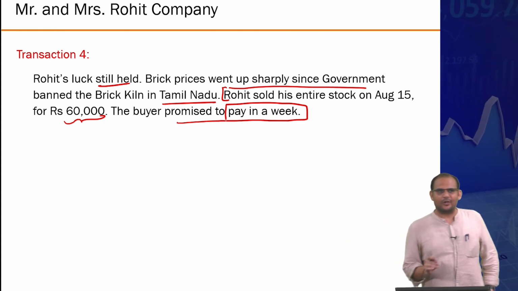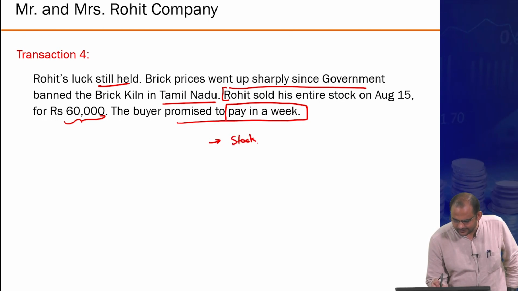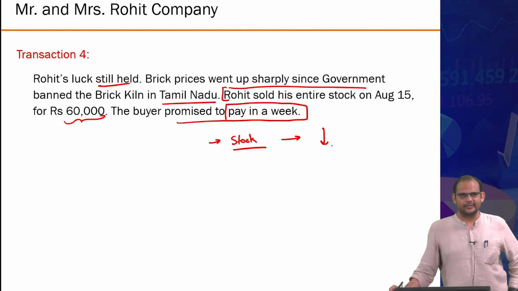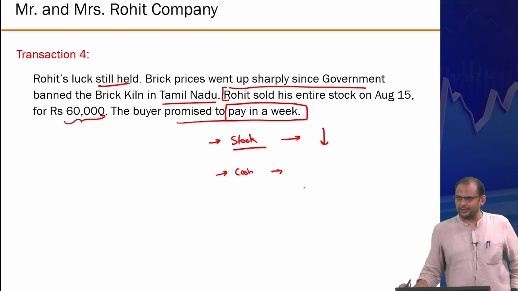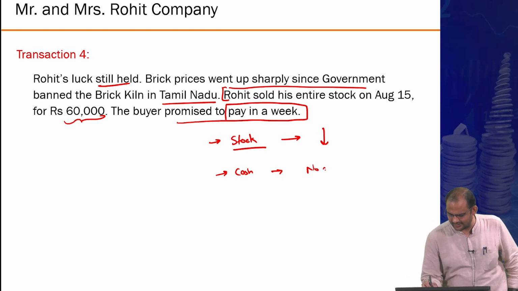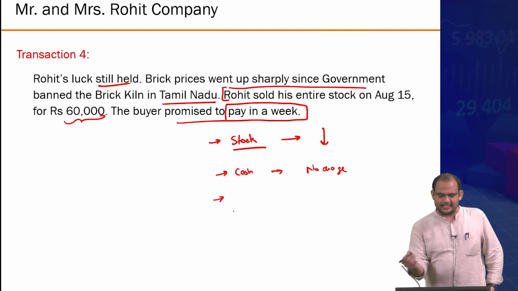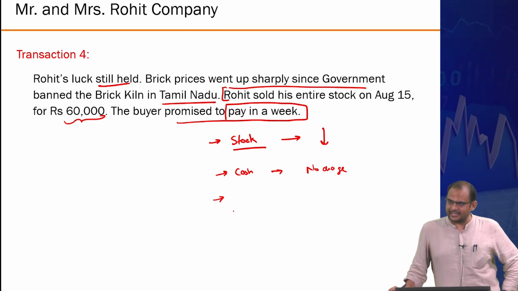What happens? What all transactions are getting affected here? What happens to your stock? Decreases? Everyone agree? What happens to your cash? No change. 100% people, no change. Are any other assets getting affected?